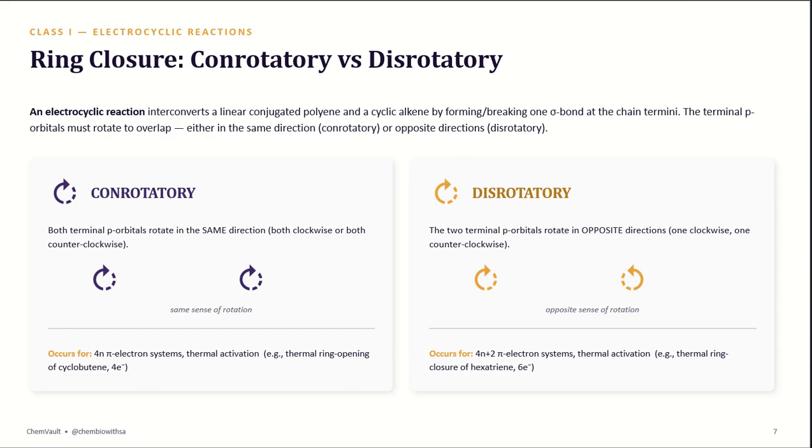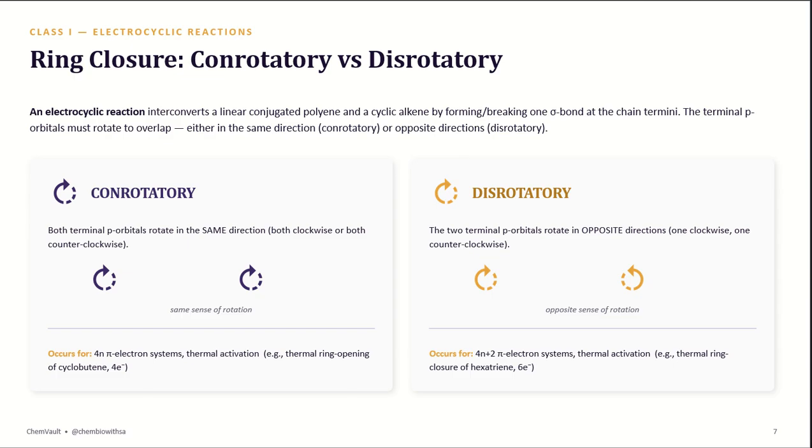For a thermal reaction with 4n pi electrons, like the 4 electron ring opening of a cyclobutene, the reaction is conrotatory. For a thermal reaction with 4n plus 2 pi electrons, like the 6 electron ring closure of hexatriene, the reaction is disrotatory.